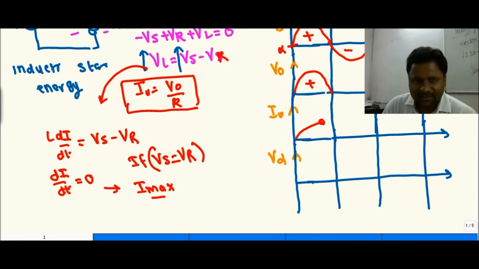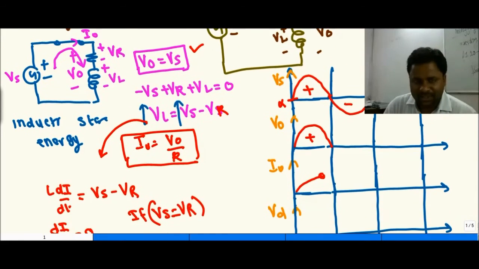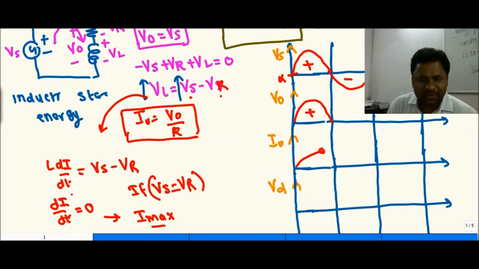I repeat this concept once again for the sake of explanation. When the diode becomes conducting, energy flows from source to load. There will be a drop in the resistance, and energy will be stored in the inductor. When Vr equals Vs, L di by dt should equal 0, which happens when the inductor current achieves its maximum value, since there is no slope.